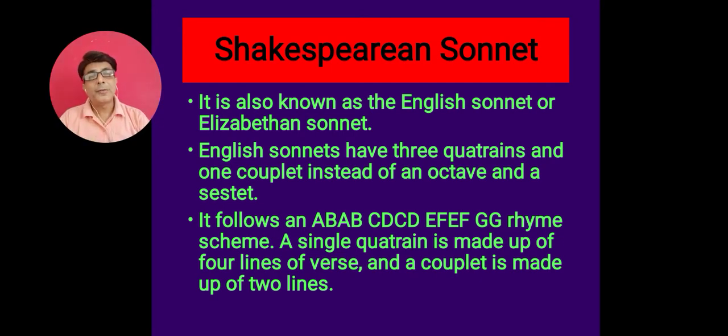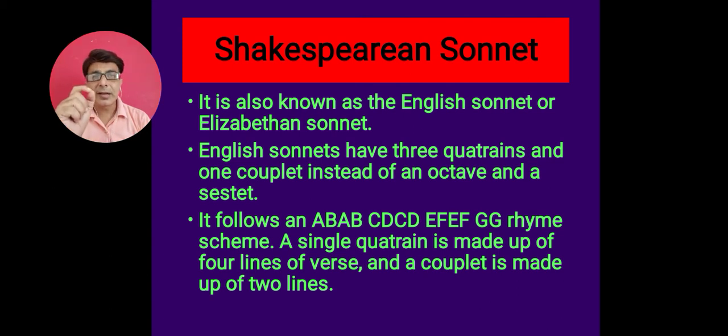A Shakespearean sonnet, friends, is also known as an English sonnet or as an Elizabethan sonnet. In these kinds of sonnets we find 4 stanzas in which the first 3 stanzas are quatrains. Quatrain means a stanza of 4 lines. So the first 3 stanzas are quatrains, and the last stanza is a couplet, and a couplet takes 2 lines.